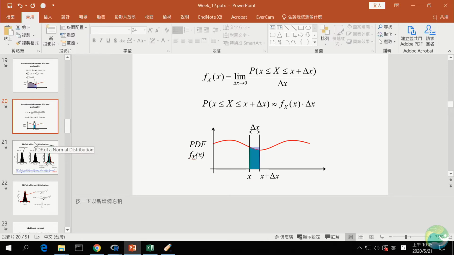Because for a continuous variable, the probability of a particular value is almost equal to 0. So we cannot compare the relative importance of different values because those probabilities are all very small. Instead, we use the probability density, okay?